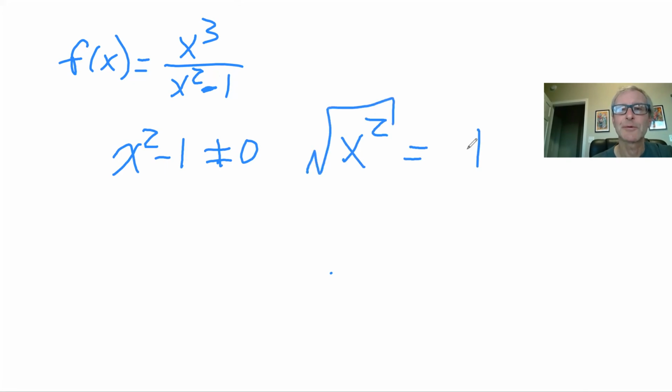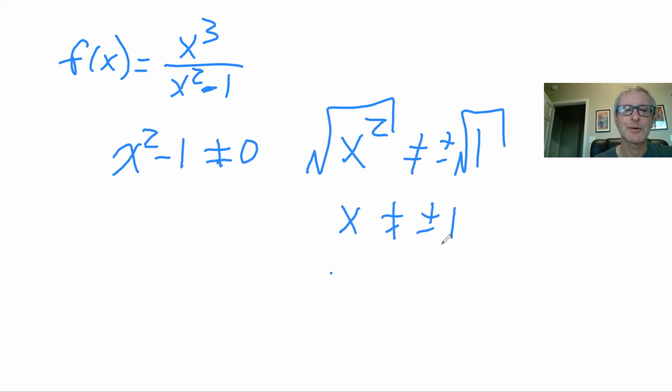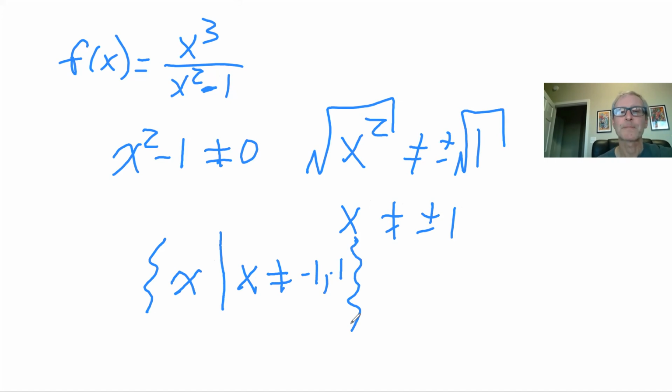Then if you took the square root of both sides, you would see x does not equal plus or minus 1. And so that would be, again, all real numbers x such that x does not equal minus 1 and plus 1. Cool. So I think that's a good start with the domains. And the next recorded lecture, we'll talk about the asymptotes.